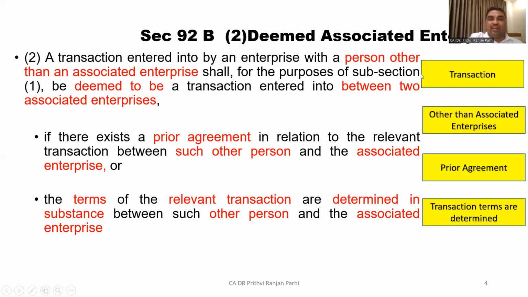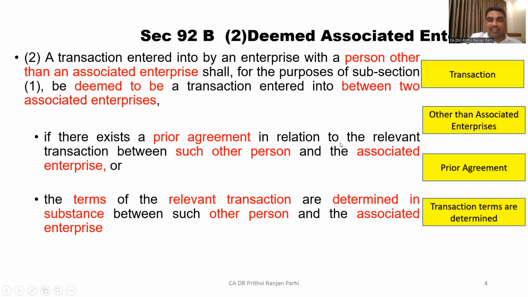If this kind of transaction is there, then this shall be deemed to be a transaction entered into between two associated enterprises. That means this transaction is with a party who is other than an associated enterprise, but it will be deemed to be a transaction between associated enterprises, if these conditions are complied with. What is the first condition? If there exists a prior agreement in relation to the relevant transactions between such other person and the associated enterprise.